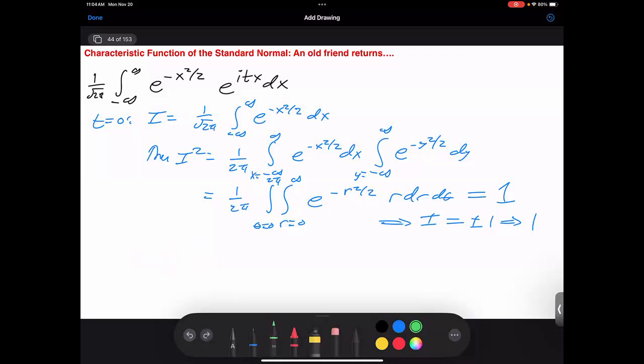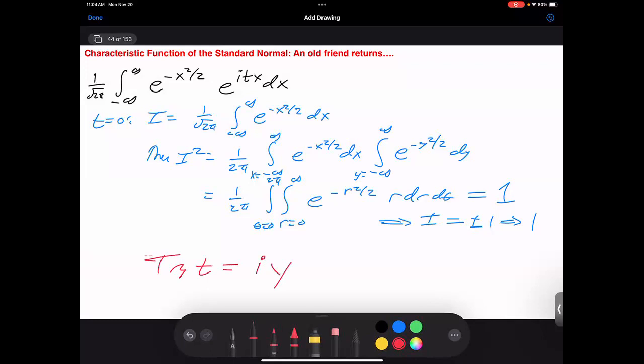It's real. What should you take for t? Try t equals ix. Or if you want to use another variable, maybe iy.